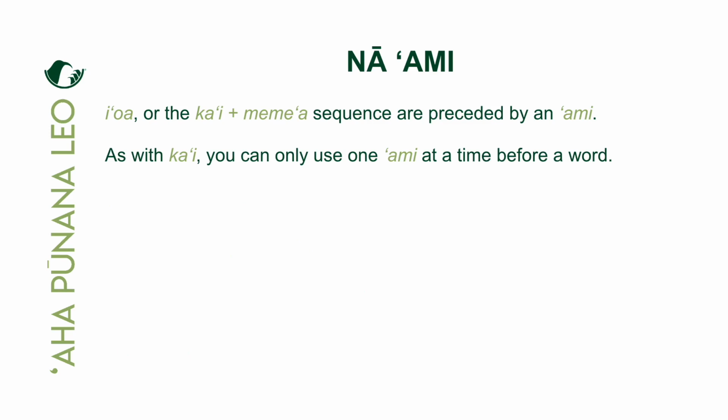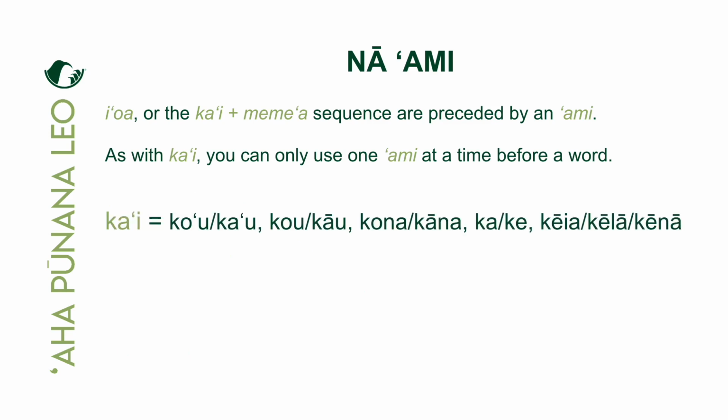Okay, now the kaʻimemea sequence. The kaʻi that we know of so far are koʻu and kaʻu, kou and kau, kona and kana, ka and ke, and keia, kēlā, and kēnā. Those are the kaʻi that we know so far, and these kaʻi precede a memea. And the memea are kikino, painu, and ʻano.